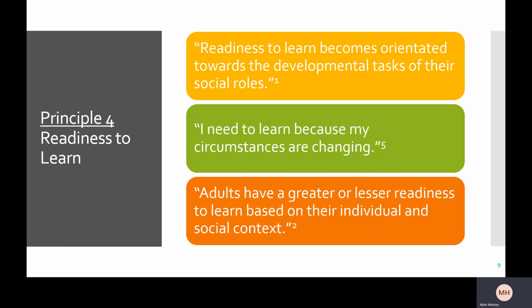Or the reverse, that we have a student who had befriended that individual who decided to exit the program, and because their friend is not there, that added to their readiness to learn. That was an external motivator for them, that may lessen their focus, their concentration, and their orientation towards their learning.